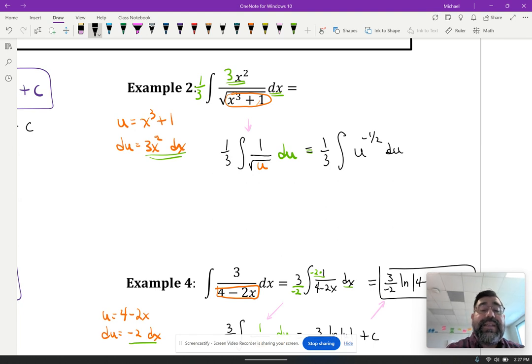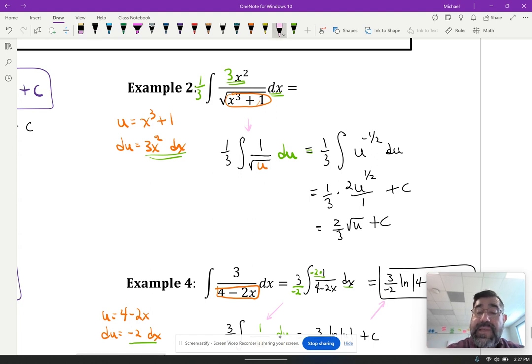And now I'm going to take the antiderivative. So the antiderivative says constant times, add 1 to the exponent, divide by the new exponent, plus c. And if I put this together, that'll be 2/3 u to the 1/2. But remember, u to the 1/2 is just the square root of u.